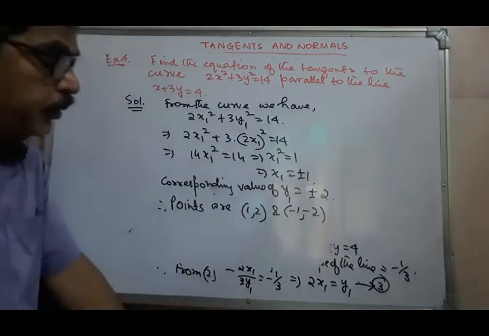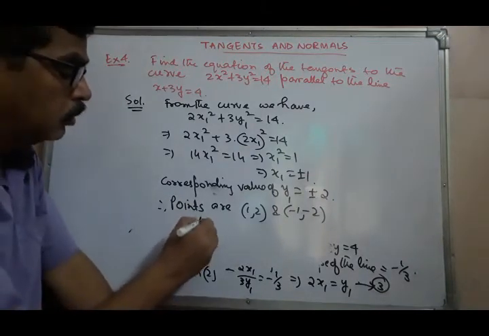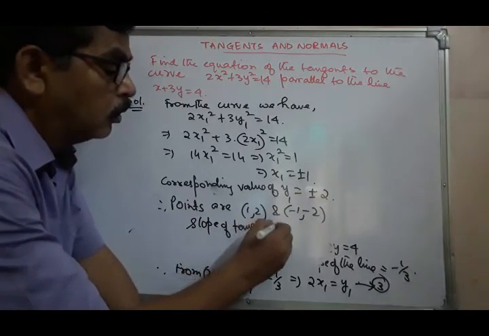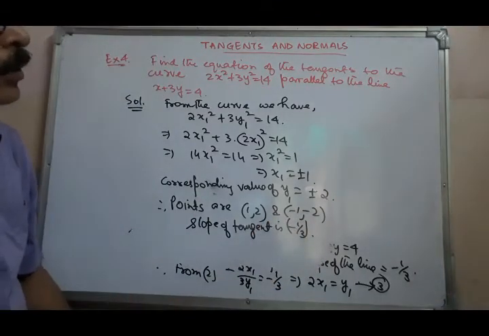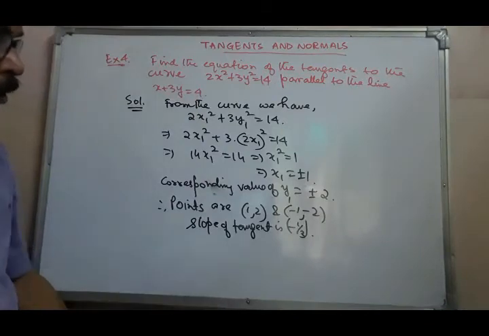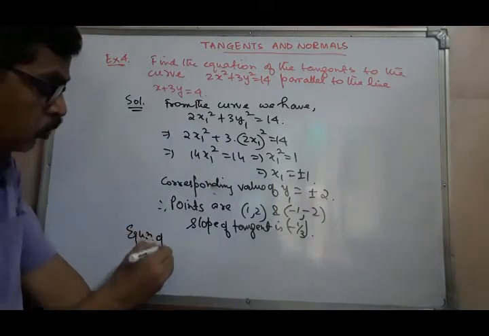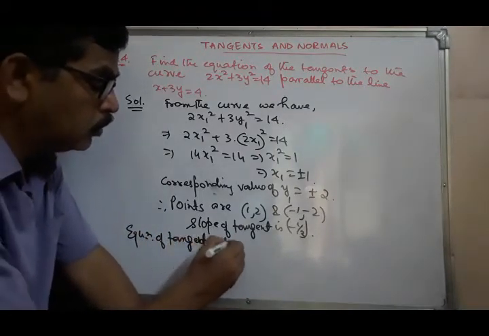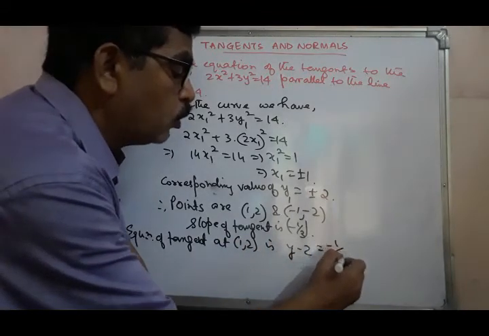And the slope of tangent is minus 1 by 3. So therefore equation of tangent at (1, 2) is y minus 2 equal to minus 1/3 into x minus 1.